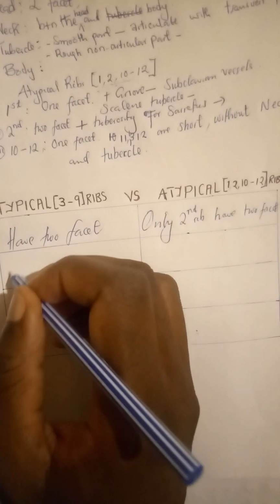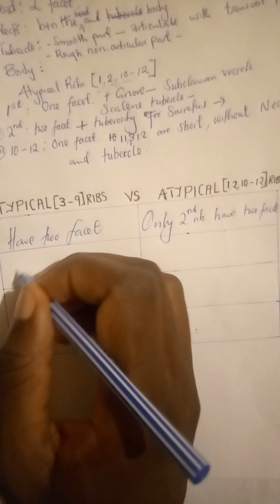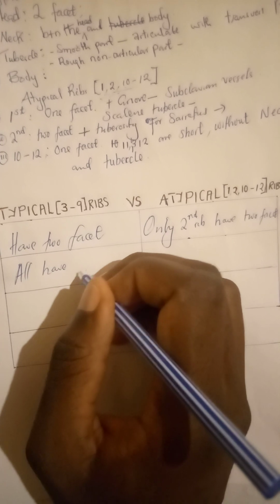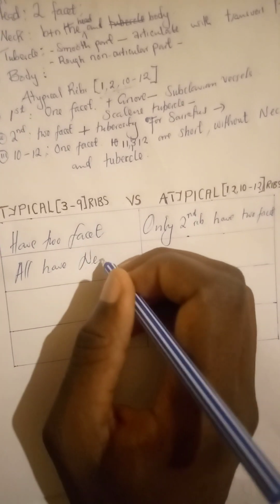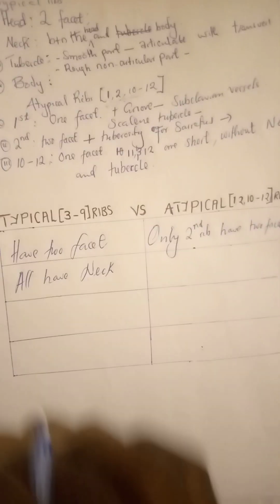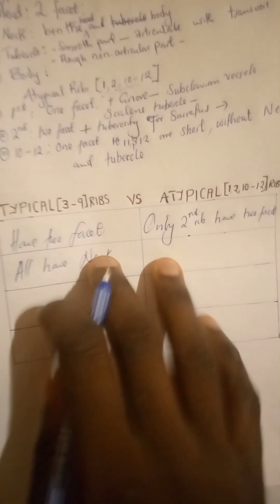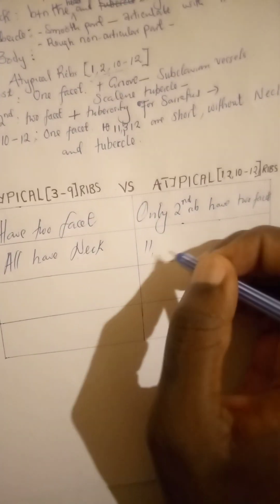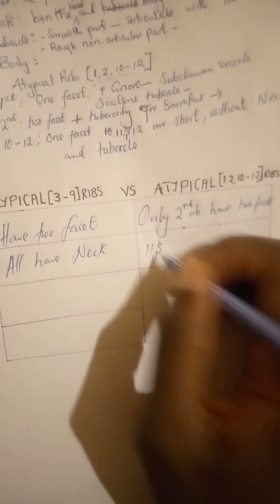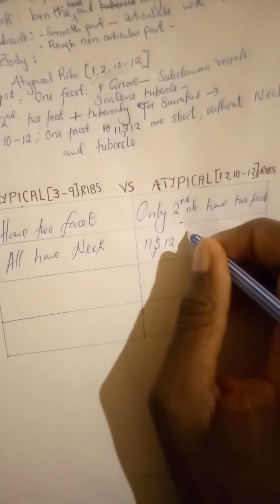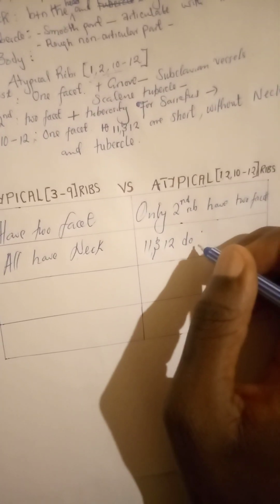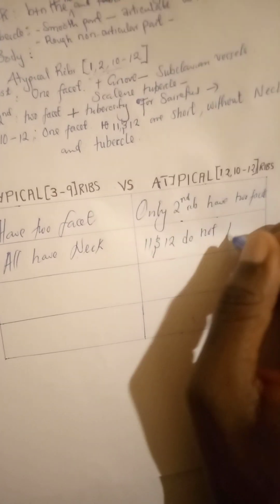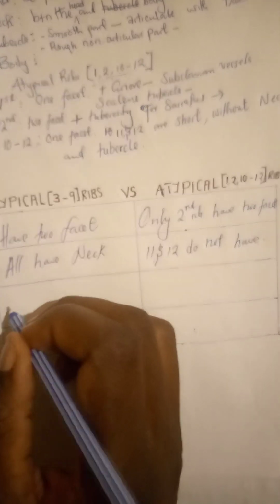The next one: typical ribs all have the neck, but ribs 11 and 12 do not have it.